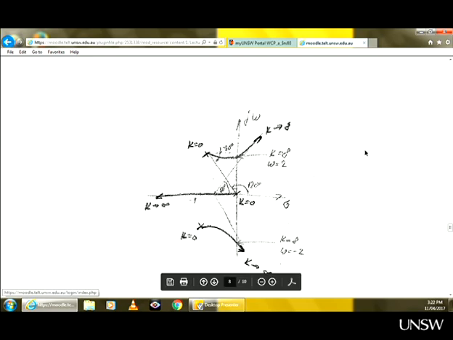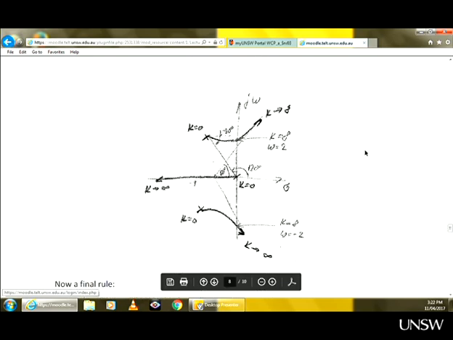Okay, before we introduce the last and final rule, let's again think about the stability of this system. Which values of k will give us which kind of stability? When k equals 0, we have a neutral stability because we have one pole on the imaginary axis. As soon as k becomes greater than 0, this pole moves to the left.